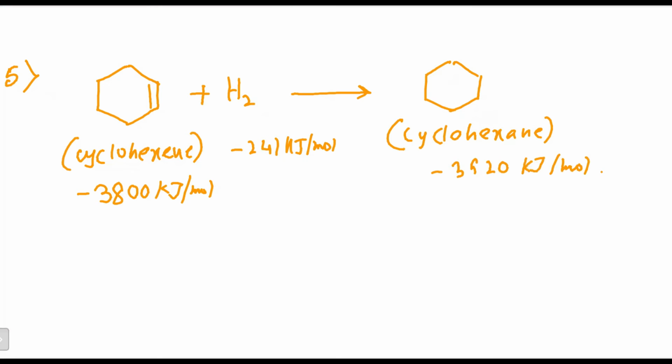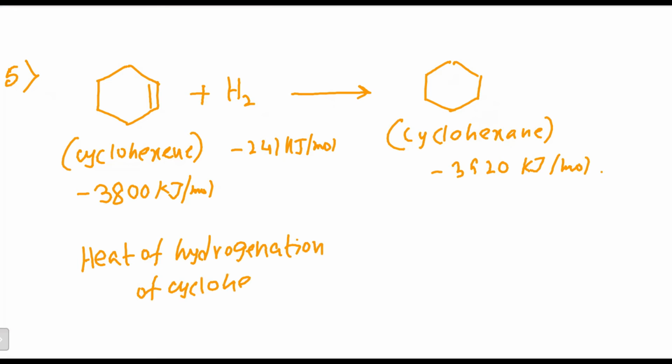This is given to us. Now we have to find out the heat of hydrogenation, delta H, of cyclohexene.